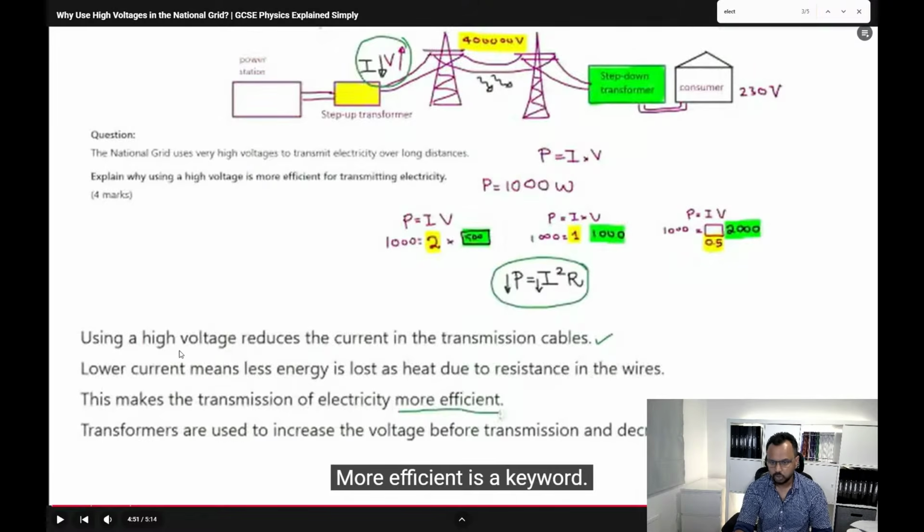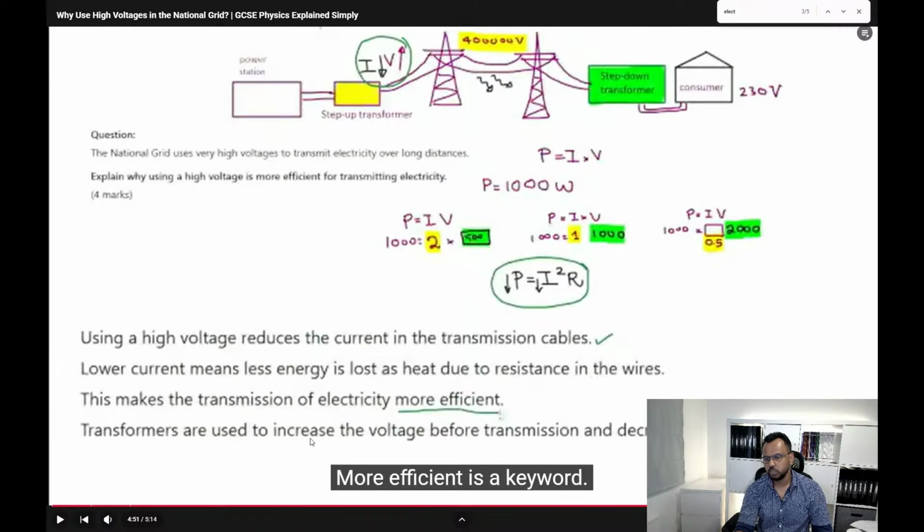Using a high voltage reduces the current in the transmission because P equals IV. The higher the voltage, the lower the current. Lower current means less energy is lost as heat due to resistance in the wires. This makes the transmission of electricity more efficient. It's not losing a lot of energy during the transmission process.